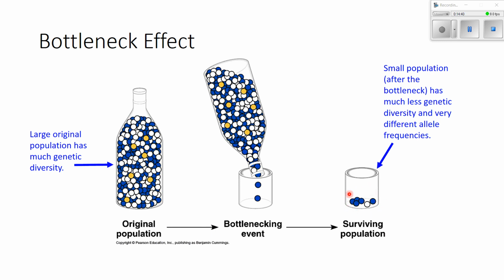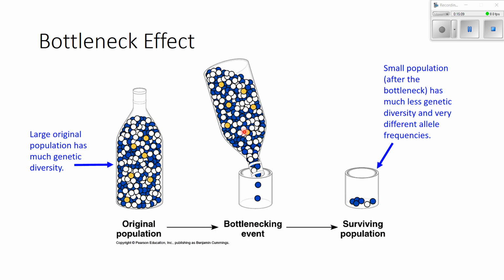In this small surviving population, are we going to have the same genetic diversity that we had in the original population? Almost certainly not. Notice none of the yellow marbles happened to make it through that little bottleneck. So what does that mean? It means when a population's numbers go from big to small, it almost always loses some of its genetic diversity just by chance.